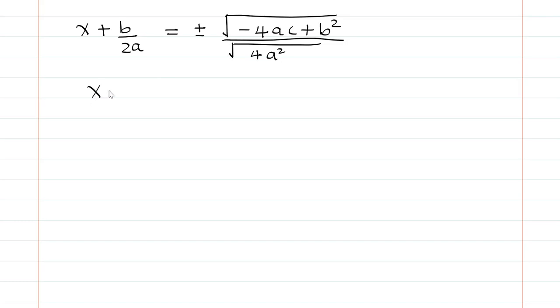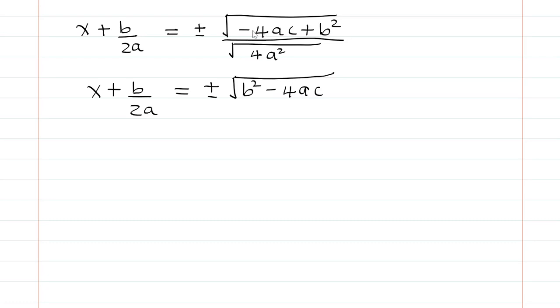Therefore, here we shall have x plus b over 2a equals negative plus or minus root of, and then I rearrange because in the formula that we were given, it starts with b squared minus 4ac. I have just changed the order, but the sign is for this number.